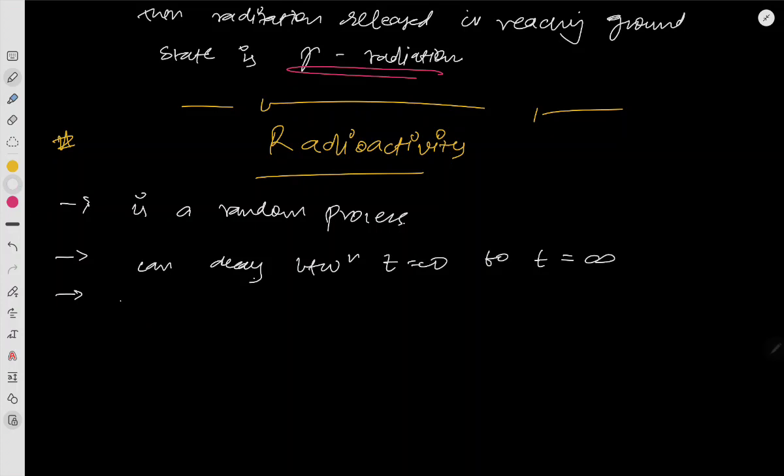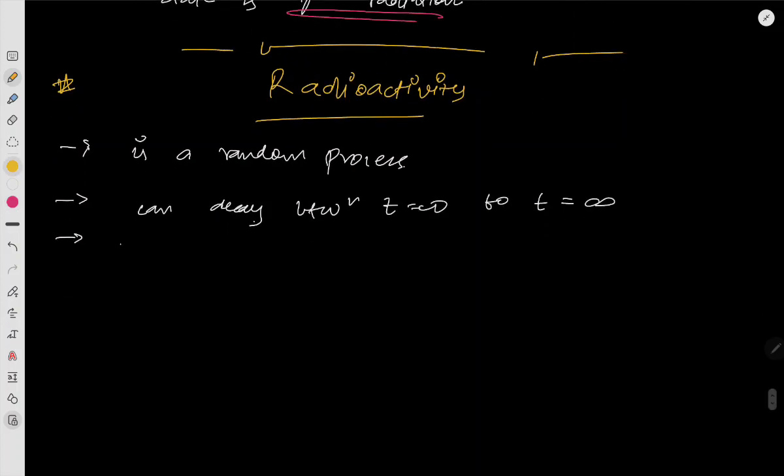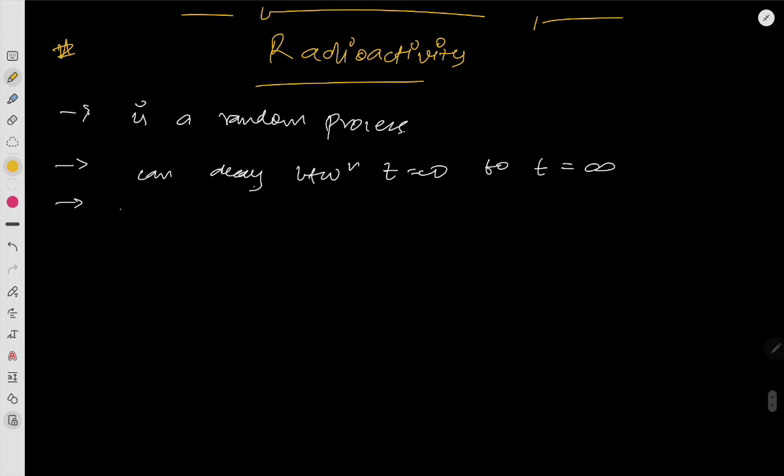So there is this law of radioactivity that Rutherford and Soddy, another scientist, you search about him in Google, he also made remarkable contributions in the field of science and technology at that time.